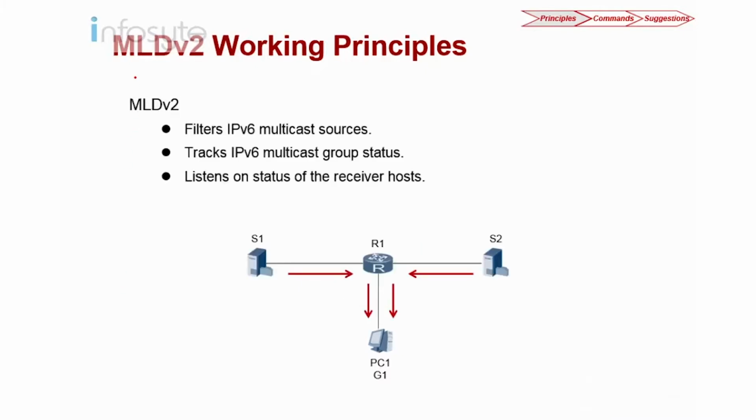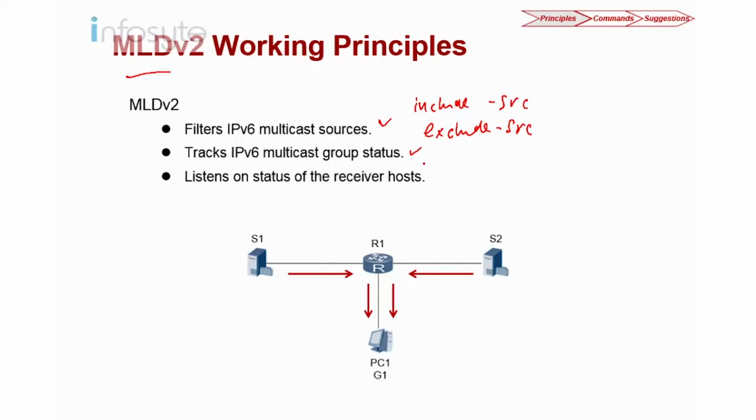Next we look into MLD version 2. Version 2 is similar to IGMP version 3, where they have the feature of source specific multicast. In MLD version 2, they have features to include any source or to exclude any source, so they have a filter function.